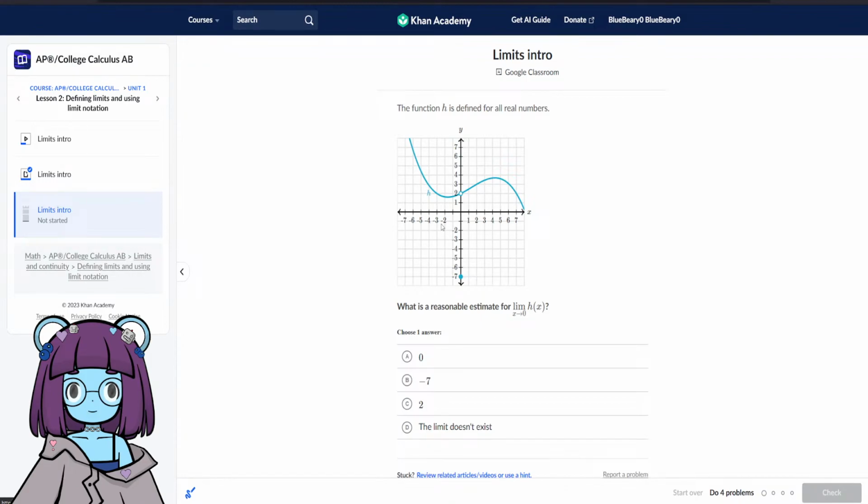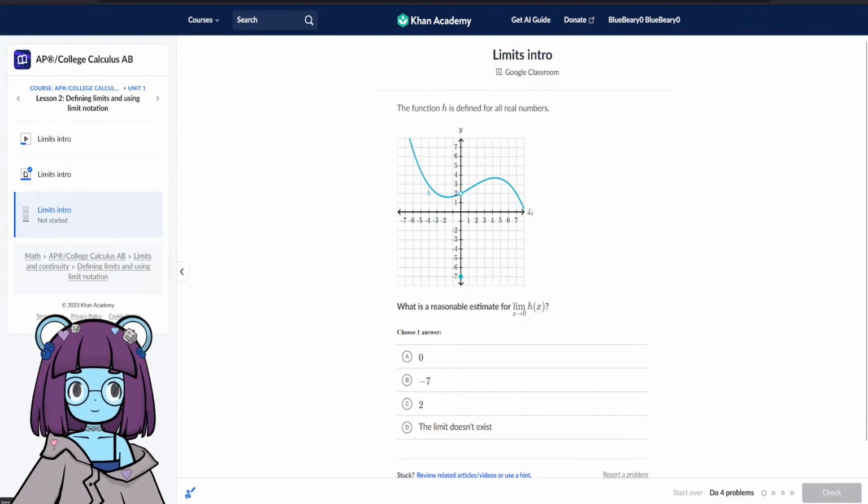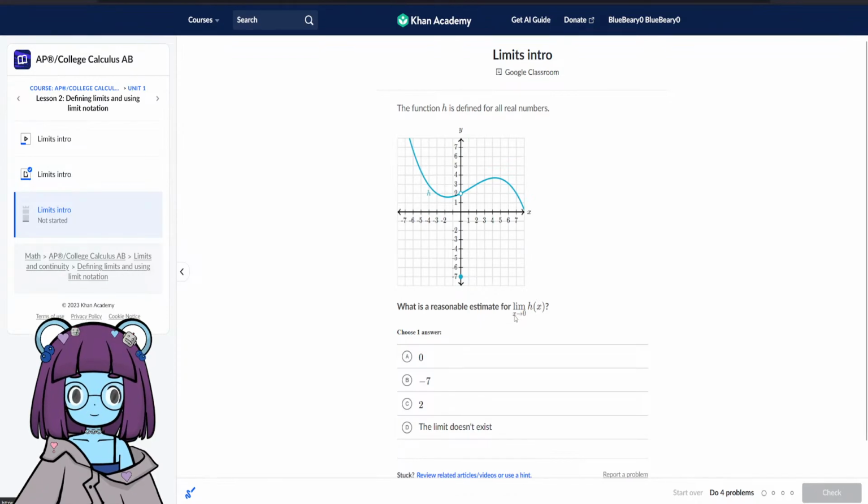Function h is defined for all real numbers. What is a reasonable estimate for the limit of h of x? So I'm assuming this is as x approaches 0.